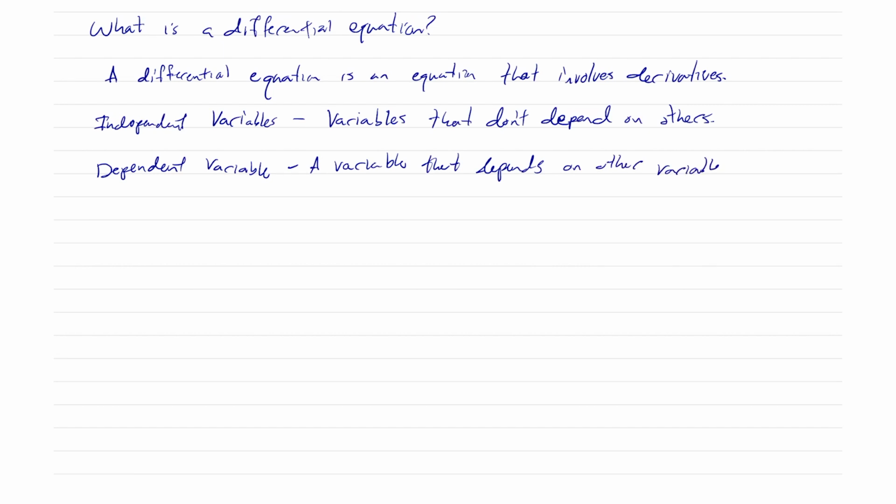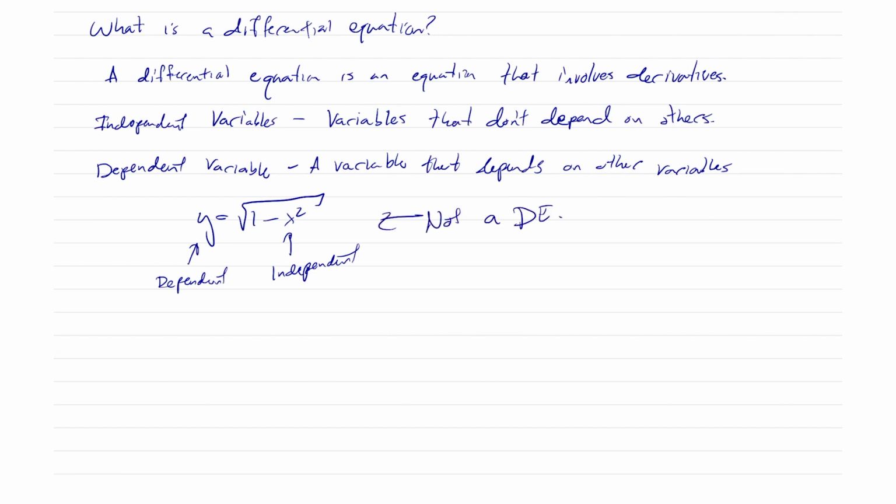So, if we take a look at, say, an algebraic equation, say square root of 1 minus x squared, the equation for the top half of a circle, then in this case x would be an independent variable, and this would be a dependent variable. Okay, but we're talking about differential equations. This is not a differential equation. A differential equation is usually an equation that involves a derivative.